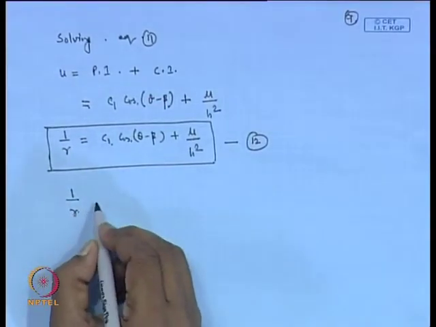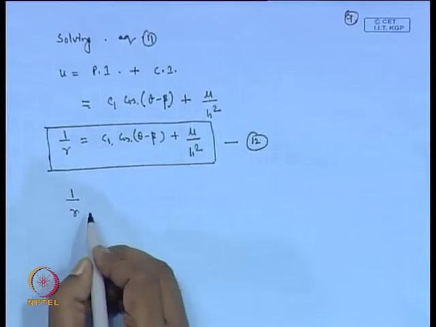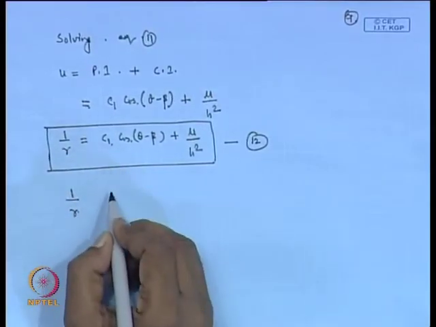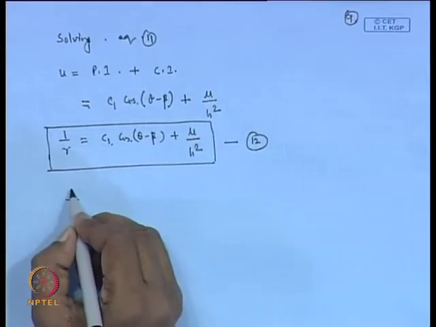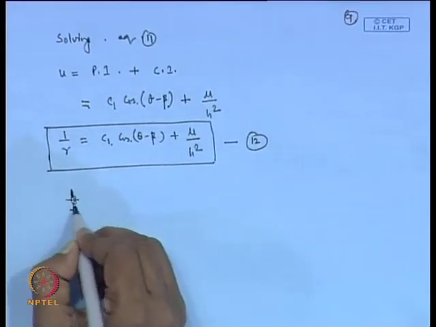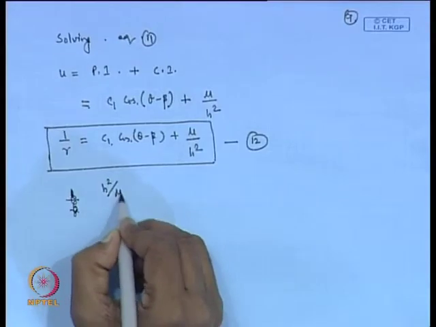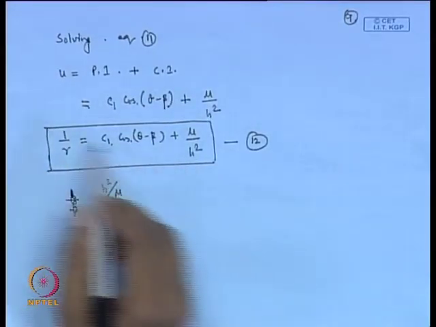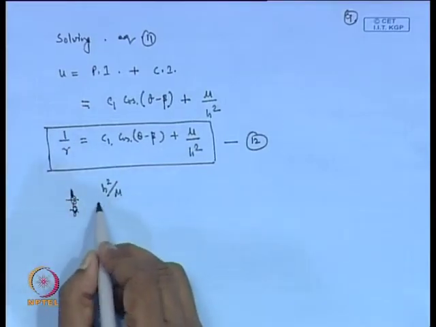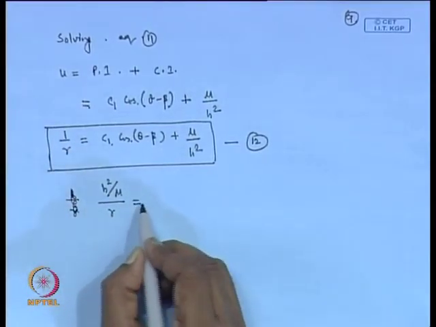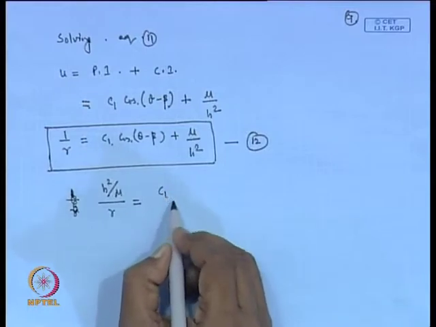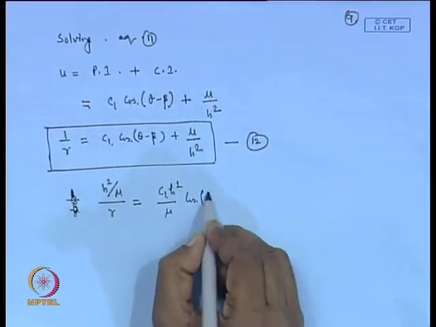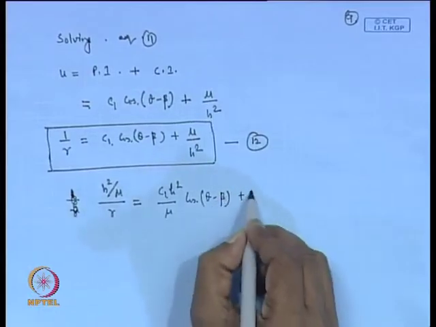We write h square by mu, bringing the whole thing from this side to this side. So, this will become h square by mu divided by r, and this term will become C 1 times h square by mu cos theta minus beta plus 1.